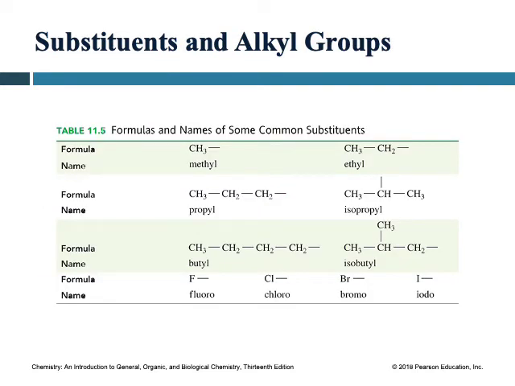So this is a couple of examples of the substituents we already talked about. If you have 1 carbon as a substituent, methyl; 3 carbons, propyl; 4 carbons, butyl; and then fluoro, chloro. Depending on how many carbons you have in the substituent, you just write the required name.